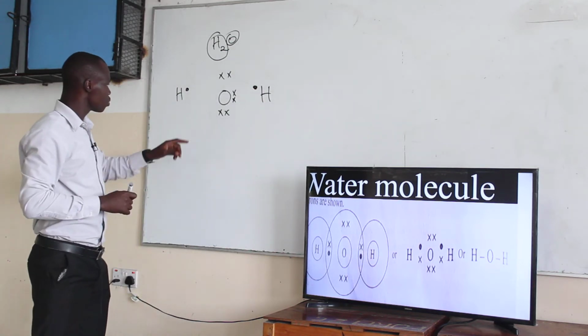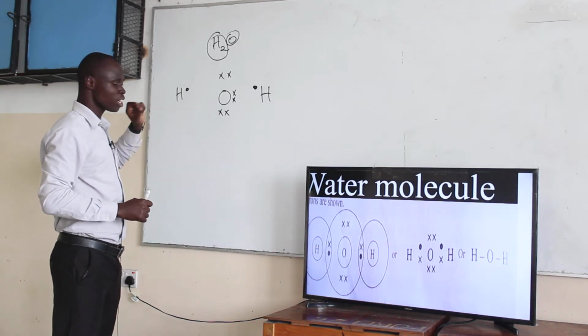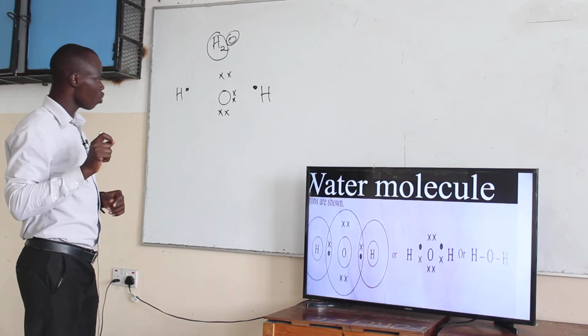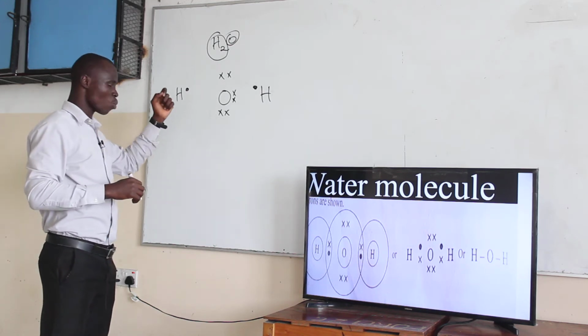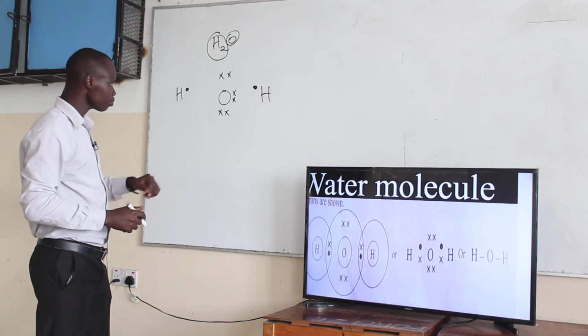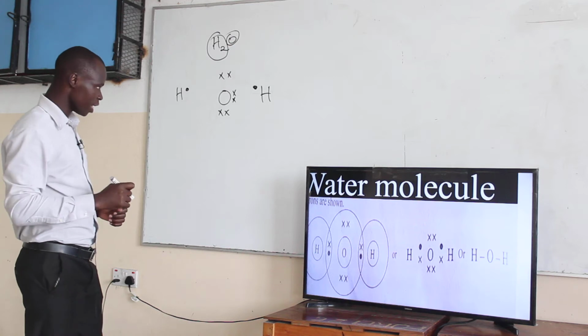Then hydrogen will have 1, and this other hydrogen will have 1. For this hydrogen to acquire stability, it has to have an electron configuration that is a duplet. In other words, it has to have 2 electrons. While for this oxygen to be stable, it has to have 8 electrons.